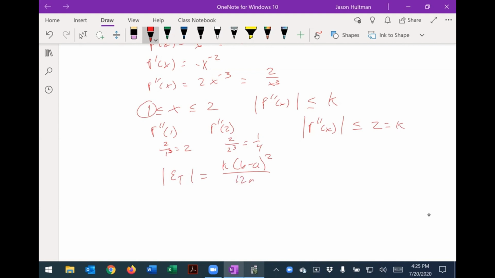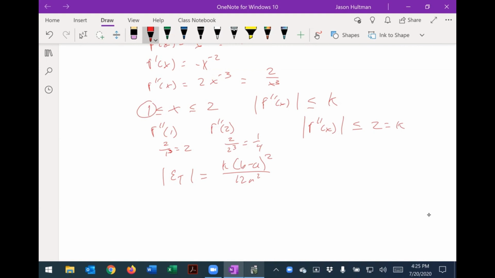Is it squared? Go back here. Yeah, 12n squared.